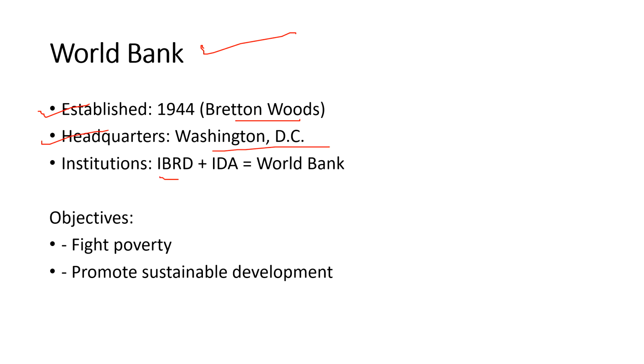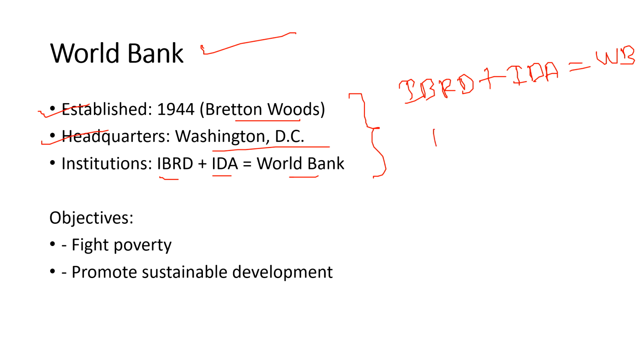Institutions like IBRD and IDA together are called World Bank, correct? International Bank for Reconstruction and Development, and we have International Development Association. Together we call it World Bank. Clear? Remember this. IBRD plus IDA, together we call it World Bank. Clear? These points you need to remember.